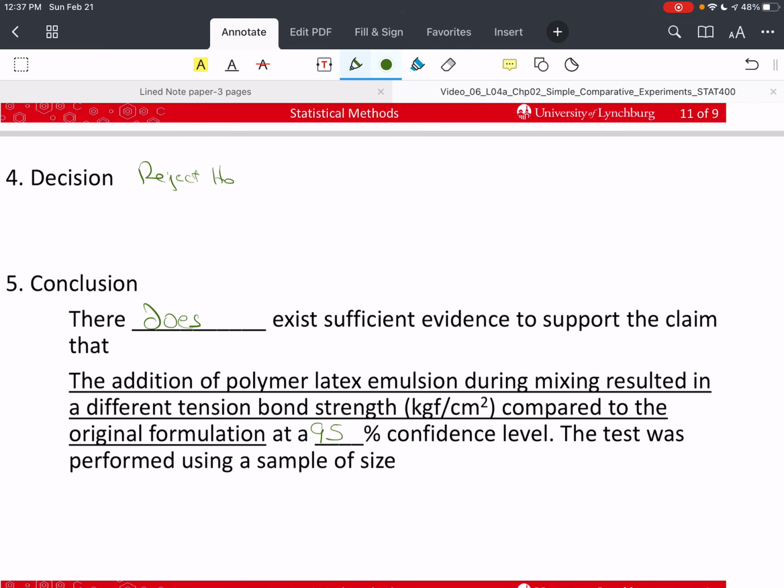The test was performed using a sample size of n1 equals n2 equals 10. And so this tells us that n was 20, our overall sample size. Well, we'll call it little n, maybe t for total.